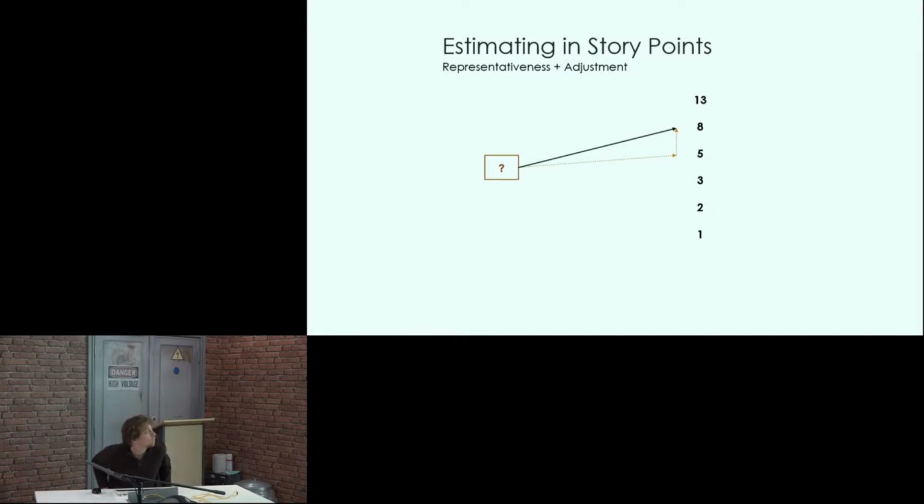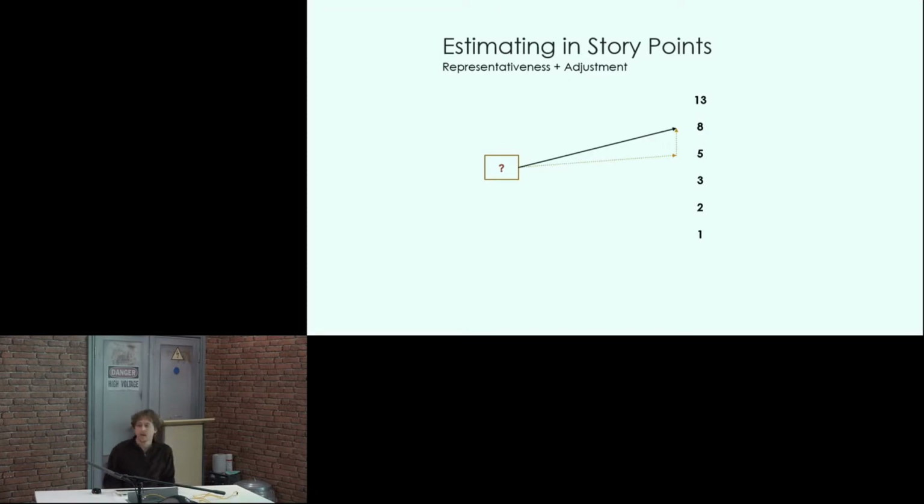So one more example from software development is, for example, story points estimation. When we estimate in abstract story points, we can say it as an application of representativeness heuristic. First, when we say that, well, this task looks like a typical 5 story points item.